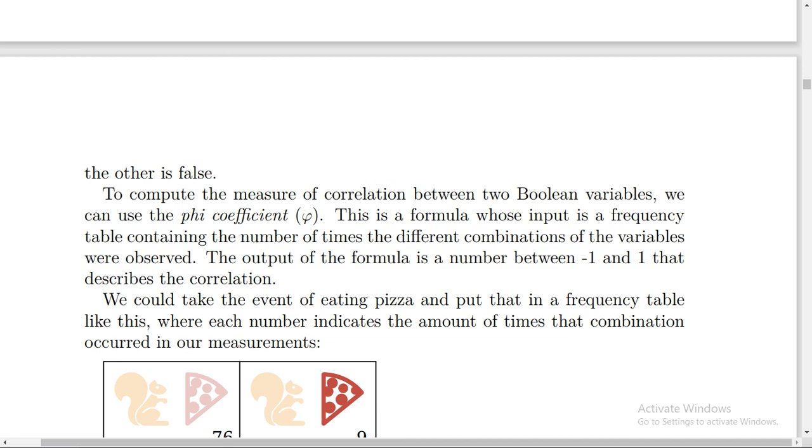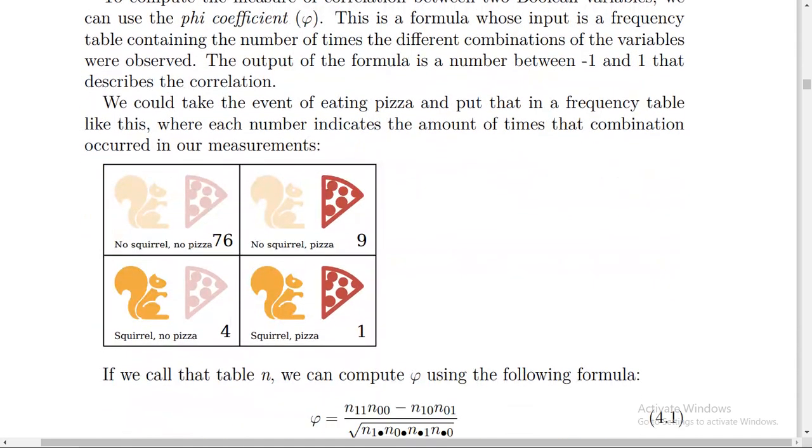We could take the event of eating pizza and put that in a frequency table like this, where each number indicates the number of times that combination occurred in our measurements, like this picture now.